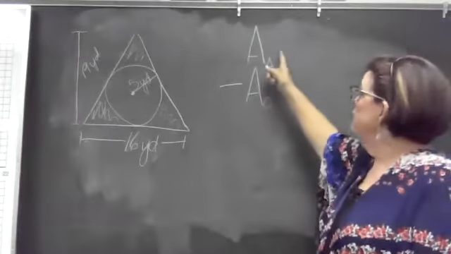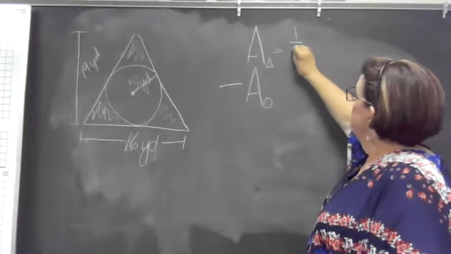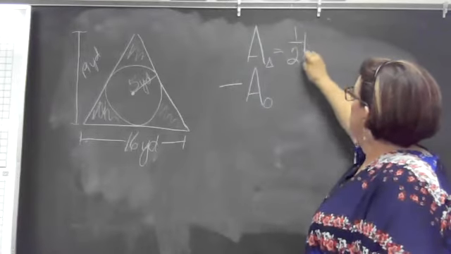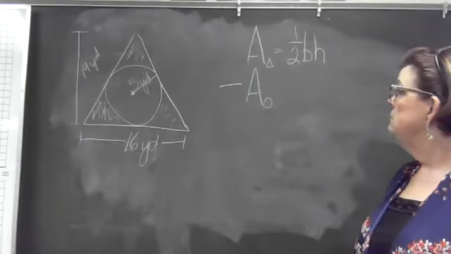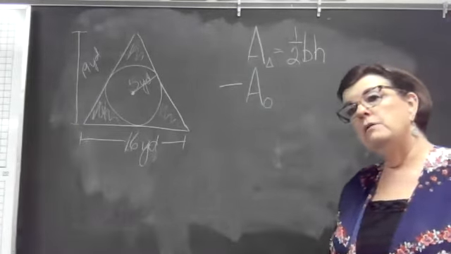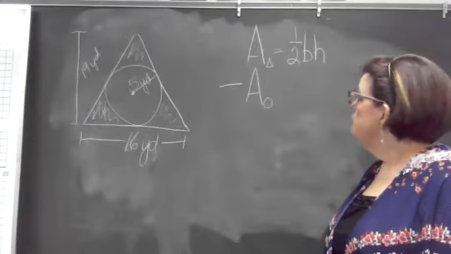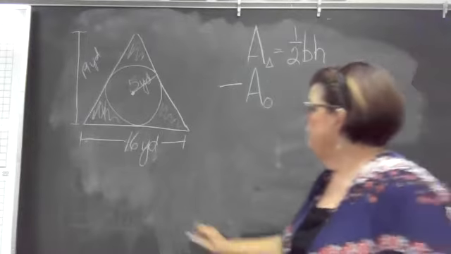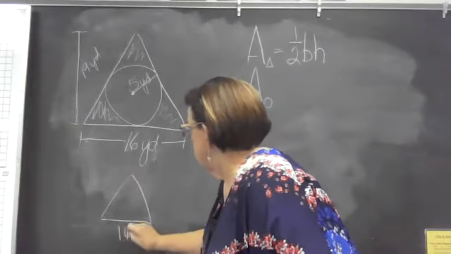So now we're going to find the area of the triangle. Go find your formula. 1/2 times the base times the height, right? Okay. So just focus on the triangle.